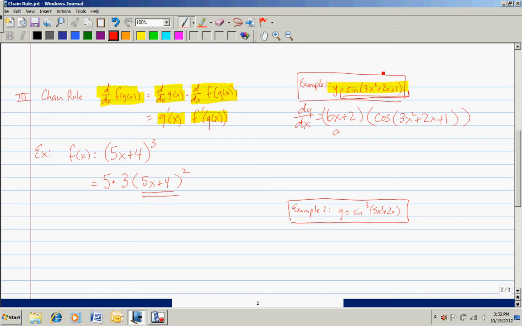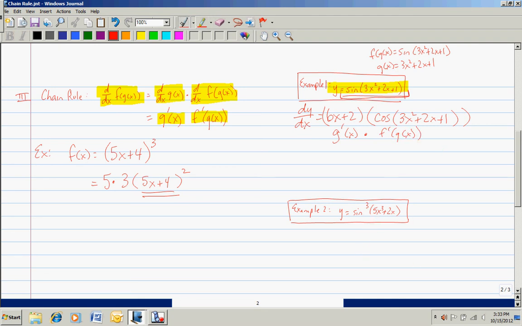So again, if we were to think of this in terms of a composite function, f of g of x is sine of 3x squared plus 2x plus 1, and g of x is 3x squared plus 2x plus 1. I want to do g prime of x, which is here, times f prime of g of x, which is here.